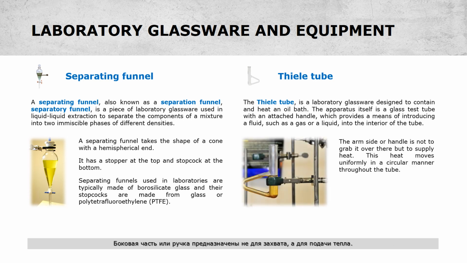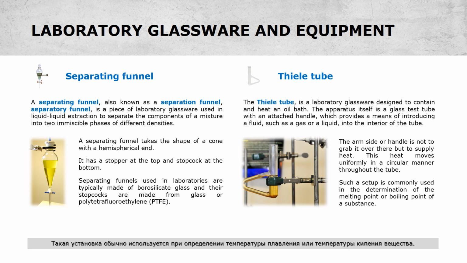The arm side or handle is not to grab it but to supply heat. This heat moves uniformly in a circular manner throughout the tube. Such a setup is commonly used in the determination of the melting point or boiling point of a substance.